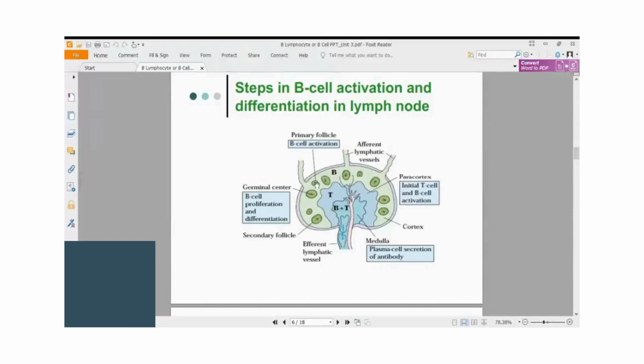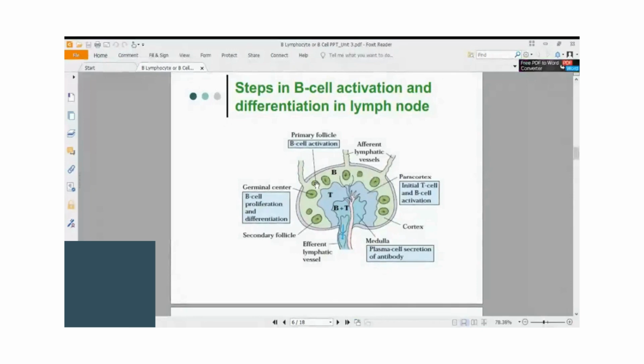in the lymph nodes, when the B lymphocyte, which has established the receptor on its surface, comes in contact with the non-self antigen. And that non-self antigen will trigger that B lymphocyte to undergo activation. But remember, the non-self antigen is not known to the B lymphocyte.